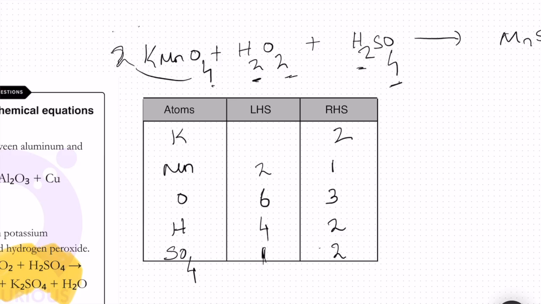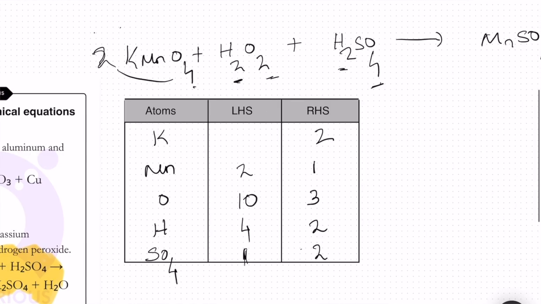We have 2 into 4, 8. And then we also have another 2 over here. So that means we have 10 oxygen atoms on the LHS. So notice how multiplying one coefficient changes the entire number of atoms. So we have to be very careful while adding the number of atoms.